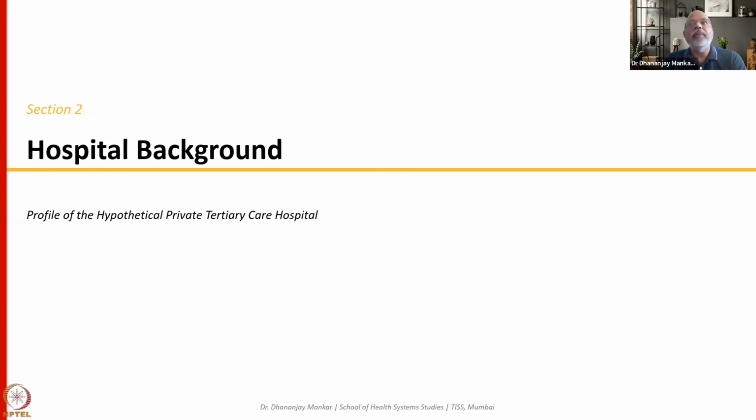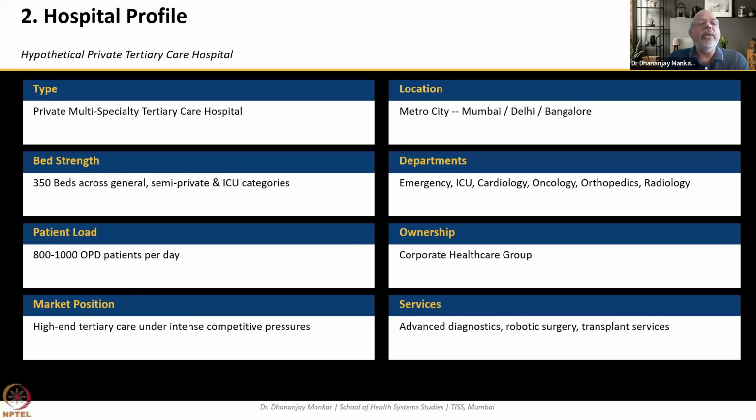What is this hospital that we are discussing, this particular private hospital, and what is the profile we have taken? This is a hypothetical private tertiary care hospital, which is stated to have a certain set of problems. The problem comes not only because of a location based in a metro city.